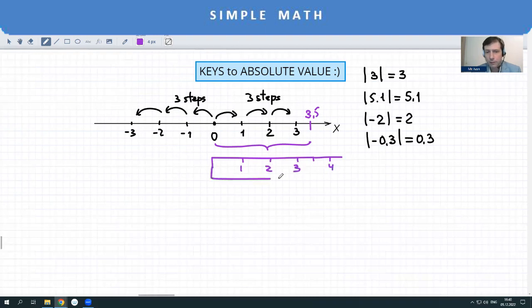So by just applying the ruler, we see, wow, it's 3.5 distance. And if we do the same thing on the left-hand side, we'll have again the same distance from 0 to -3.5. It will be just 3.5. Well, it's a distance, absolute value is a distance from 0 on the number line to certain number. It's okay, it's a nice concept.